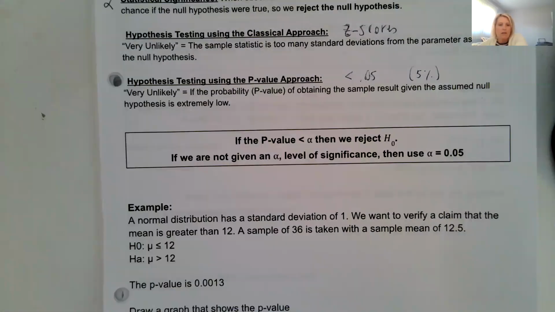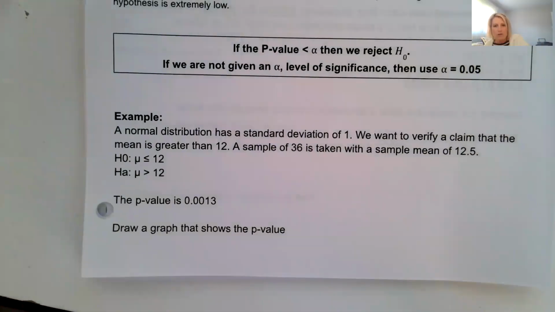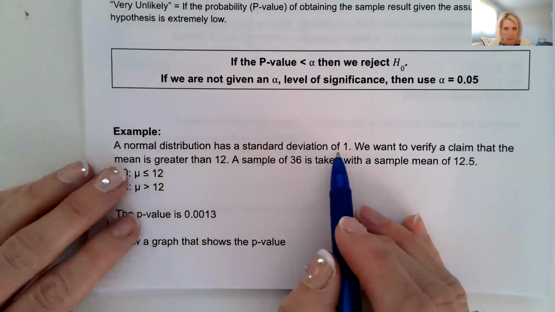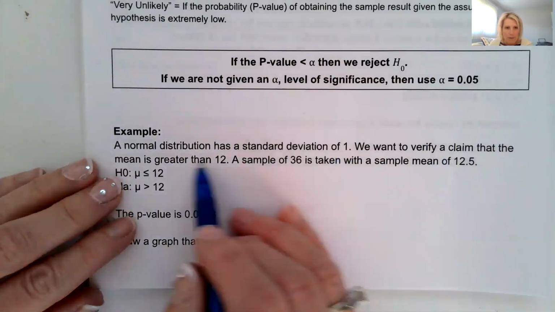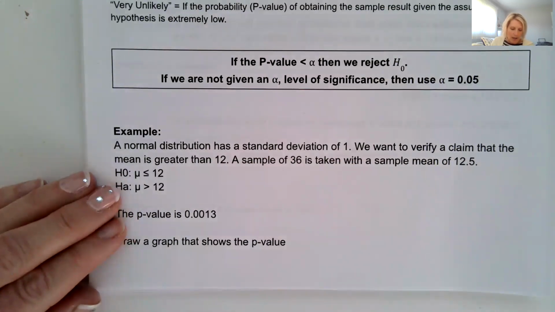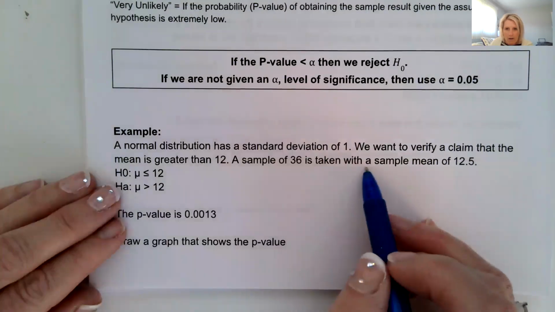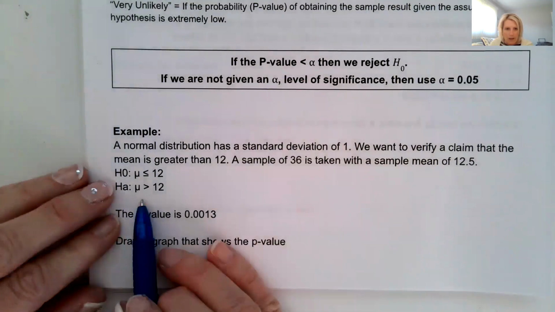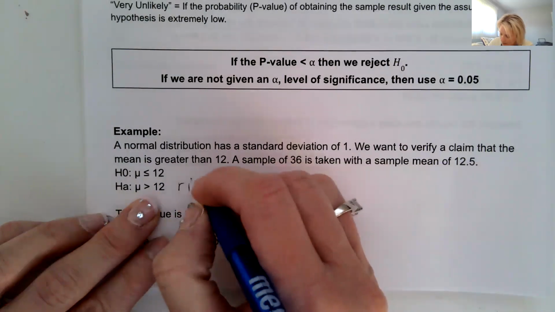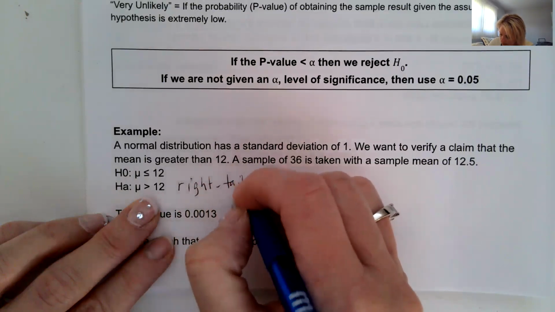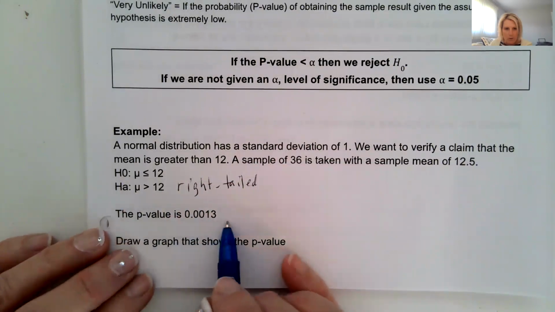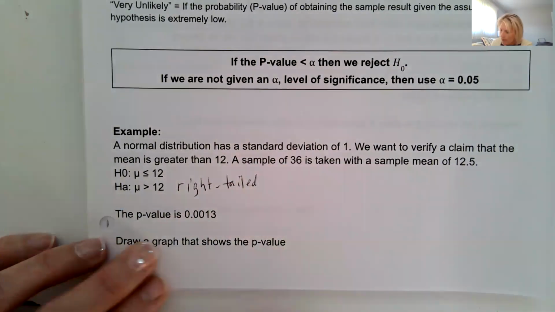So let's read through a couple examples where we're just getting used to reading the hypothesis statement. It says a normal distribution has a standard deviation of 1. We want to verify a claim that the mean is greater than 12. A sample of 36 is taken, and they have a sample mean of 12.5. Our test here is a right-tailed test because it's a greater than. That's something we need to pay attention to, and that's going to tell us how to draw a graph. The p-value is 0.0013. Draw a graph that shows the p-value.